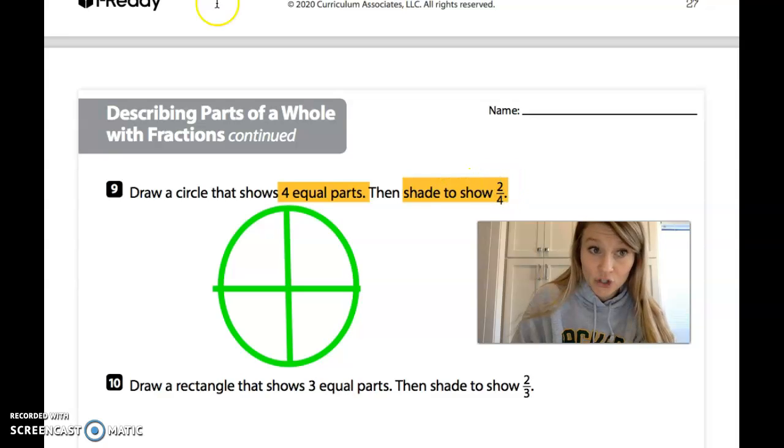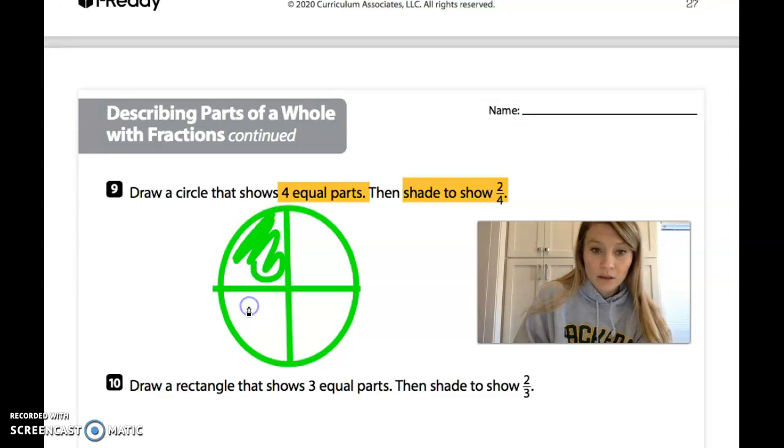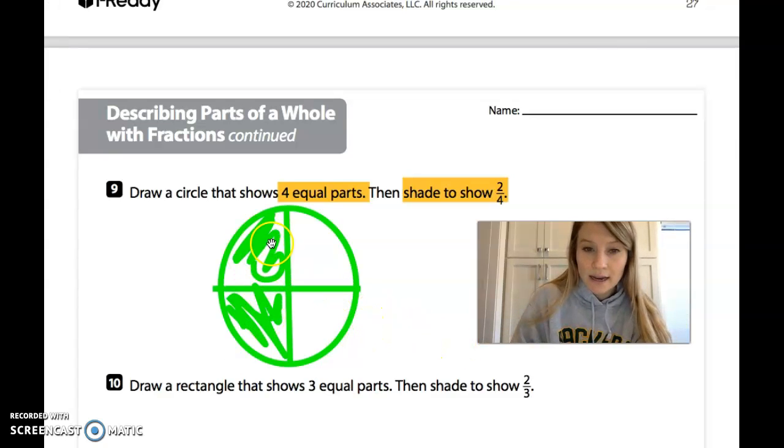It's how many parts are shaded. So 1 and 2. So I see that there are 2 pieces out of a total of 4. 1, 2, 3, 4. So I just shaded 2/4.